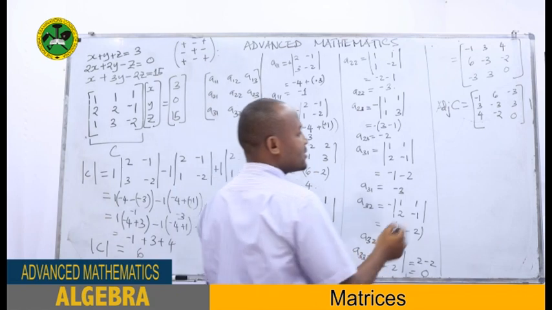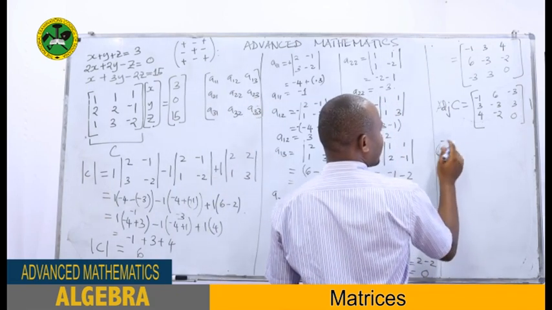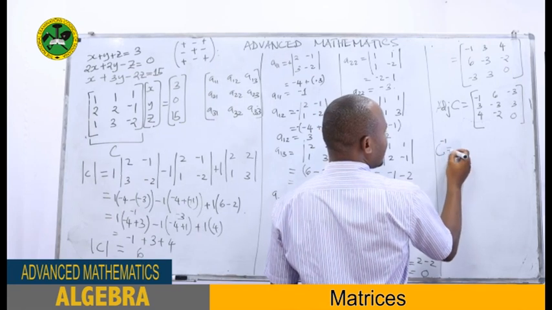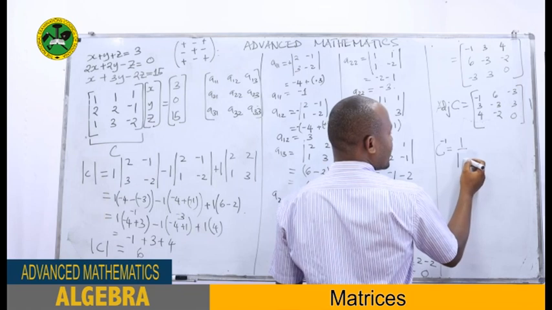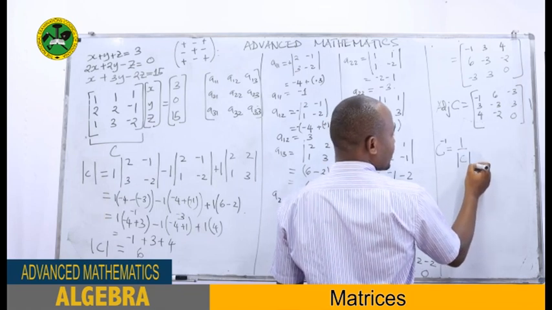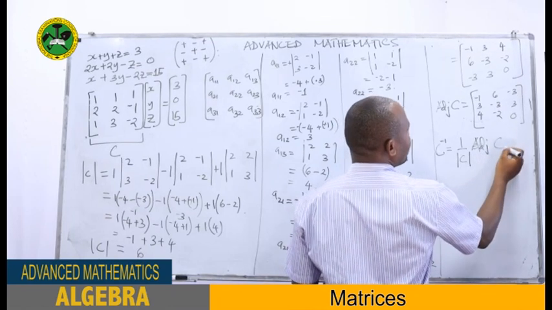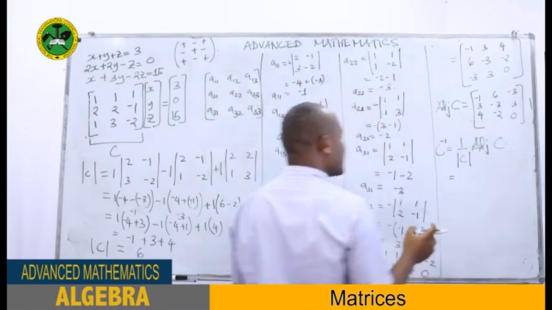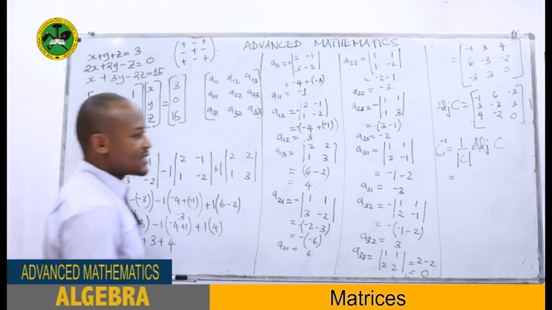And how do we find that? We said the inverse of C equals to what? To 1 over the determinant times the adjoint of C. That means remember the determinant was 6.